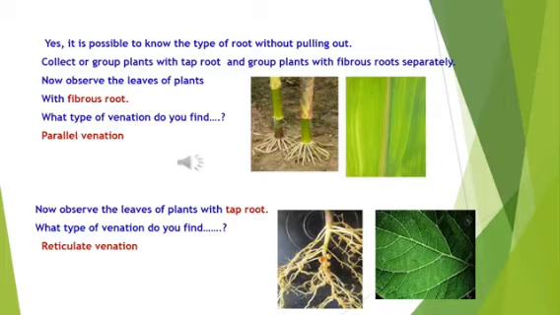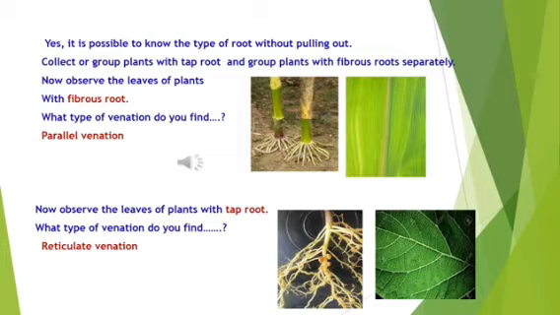So you see that the plants with fibrous root have parallel venation. Now observe the second set of plants with the taproot. What type of venation do you find in the plants with the taproot?